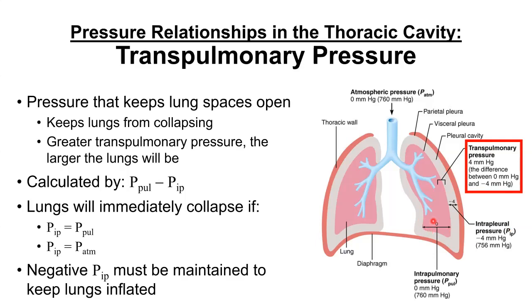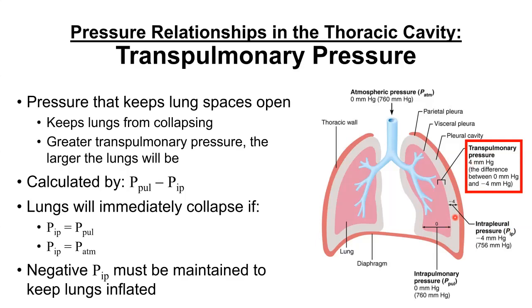Because there is a difference between the two, this is what is causing the lungs to stay open. If they were equal, the lungs would actually collapse.